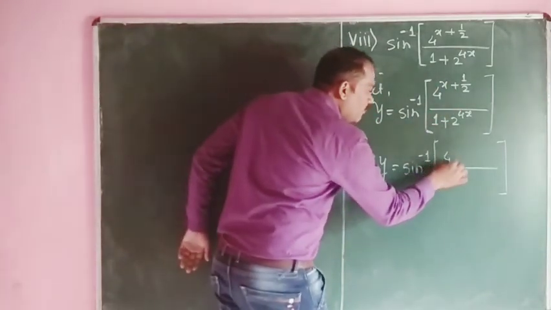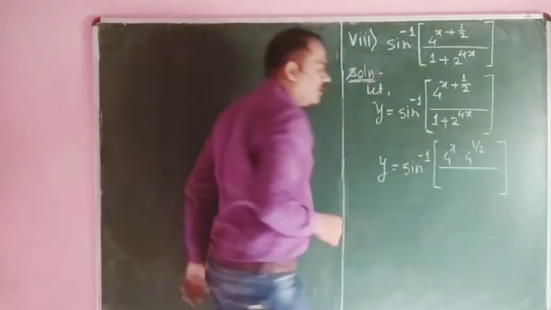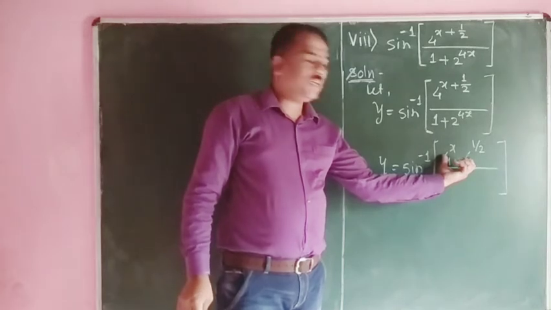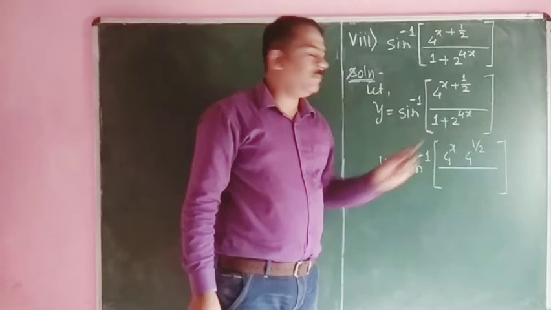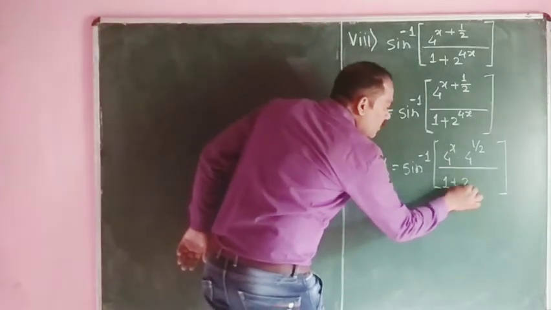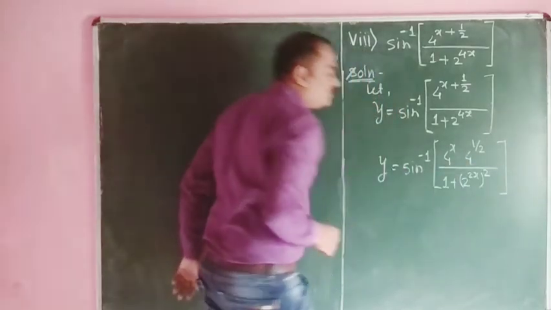It can be written as 4 raised to x into 4 raised to 1 half. Multiplication is there, base is same. By using the laws of indices, we take the addition of the index, that is 4 raised to x plus 1 half, divided by 1 plus 2 raised to 2x raised to 2.